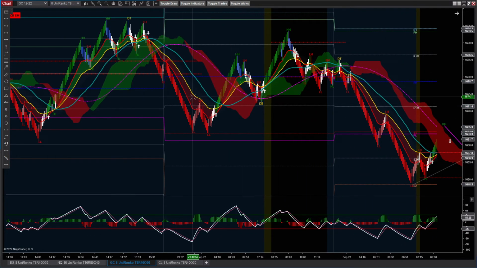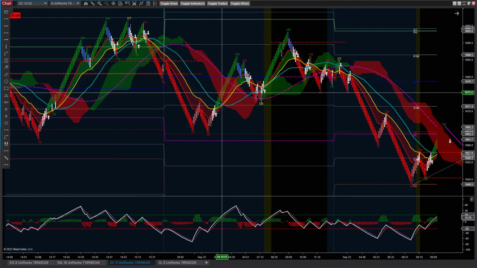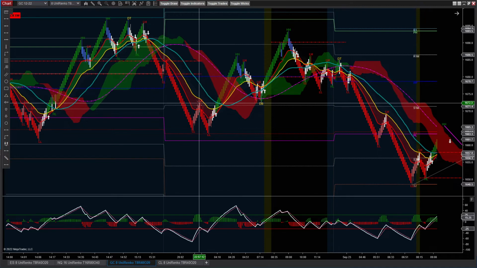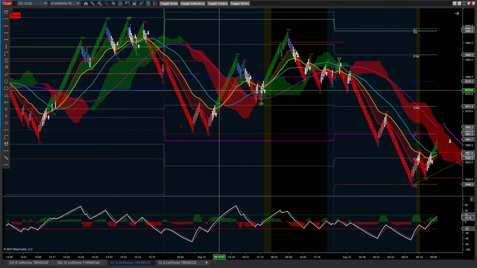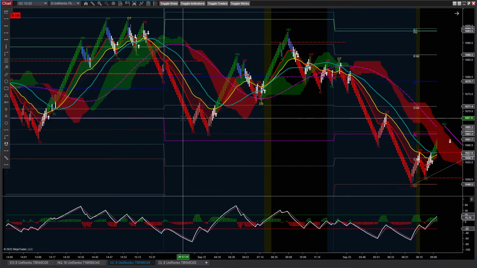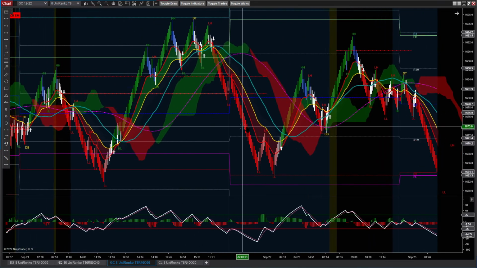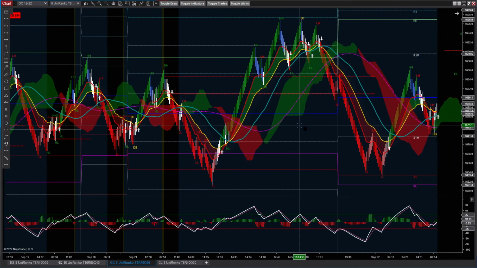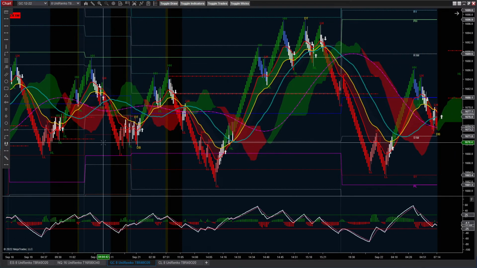So this one would be good. The problem is that we are not authorized to take it because we are below the moving averages, and also, well, not all the moving averages, but we are within the cloud and we're below the smooth 50. Still looking for a good trend reversal.